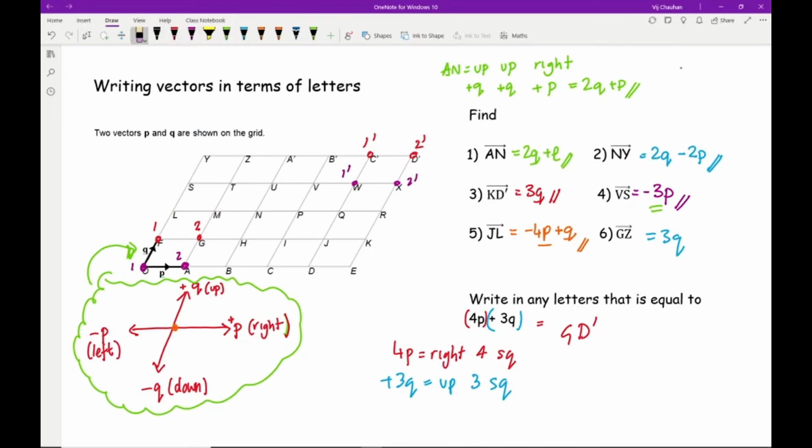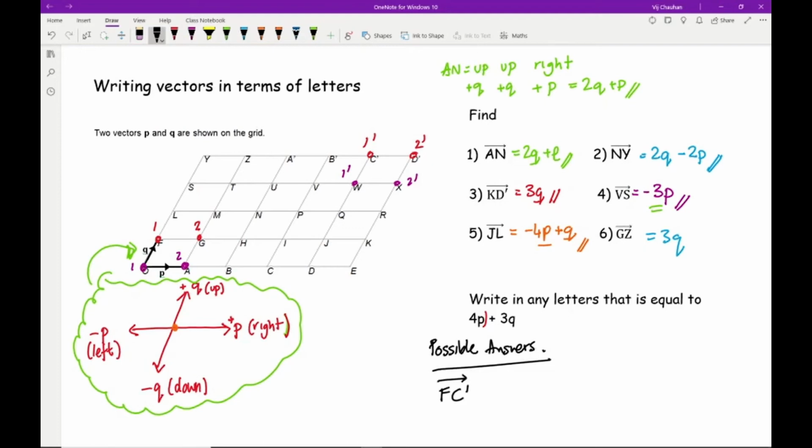So in terms of your possible answers that you could have correct for this particular question, and there are a few, you can have either F to C dash, or you could have G to D dash, or you could have O to W, or you could have A to X. They'll be the ones that would fit actually on your grid. So any of those two would be absolutely fine.